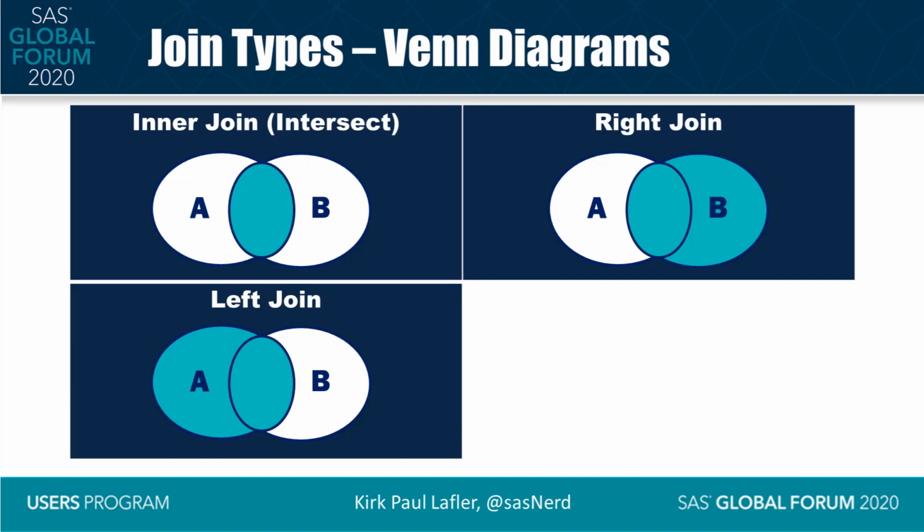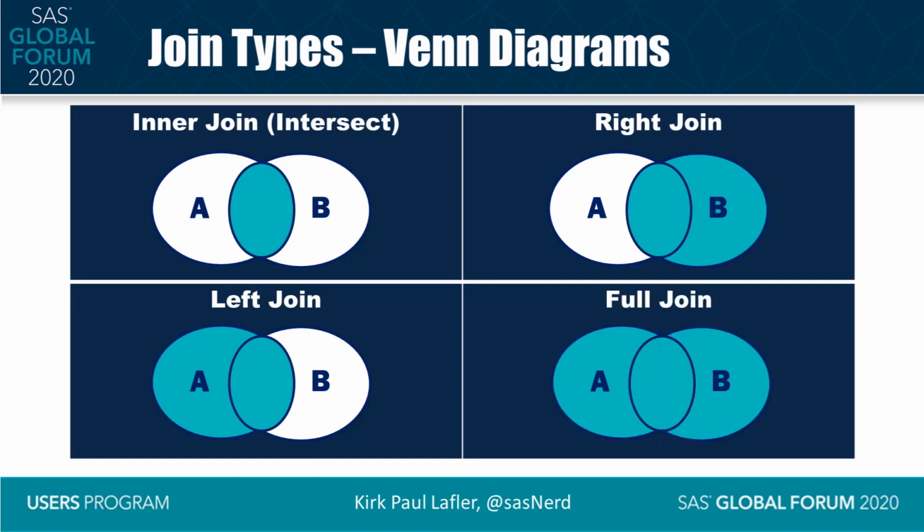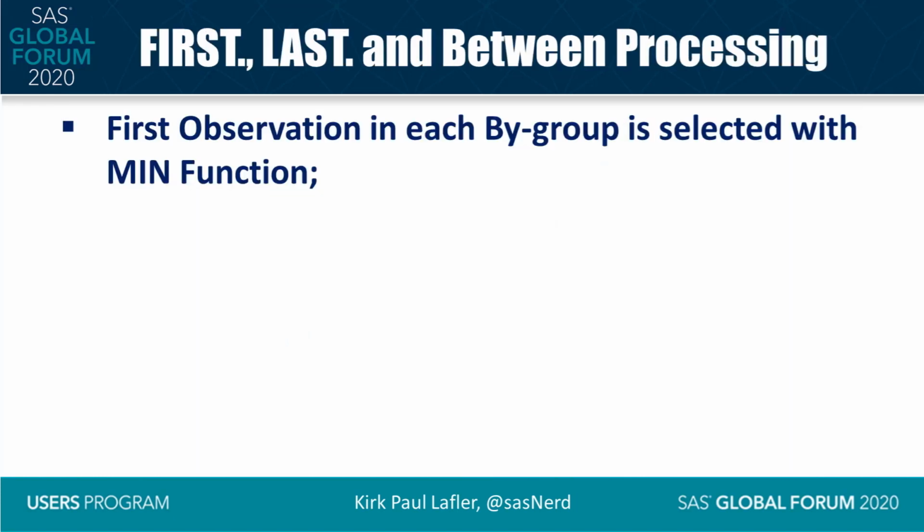And finally, the full join construct, where the intersect information is collected, plus the preservation of all the unmatched rows from the left table, and the preservation of all the unmatched rows from the right table.